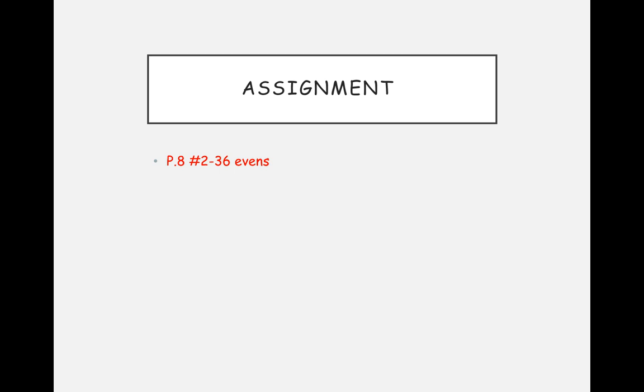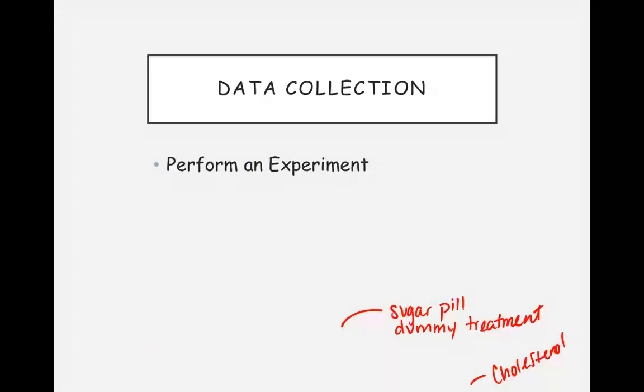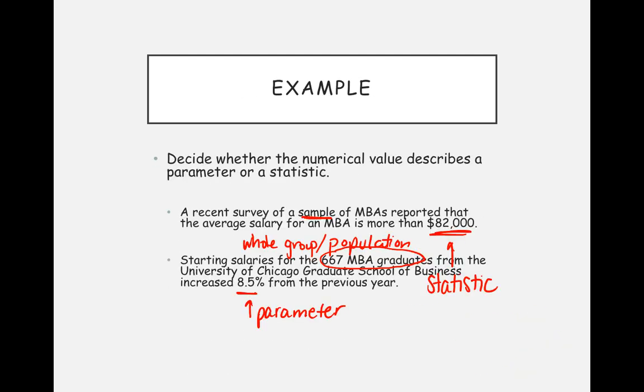So your assignment for today is to work on page 8, questions 2 to 36 evens. A lot of this is going to be reading a scenario and identifying the population and the parameter, the sample and the statistic. One thing I do want to mention, if I go back to this example where we had the statistic, the $82,000 from the sample of MBAs.